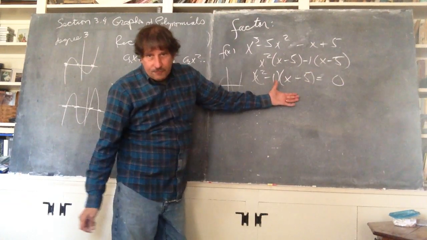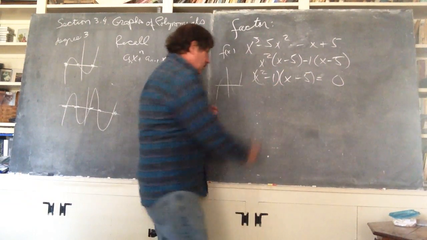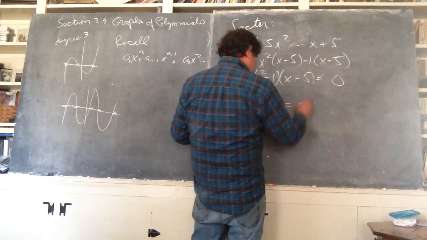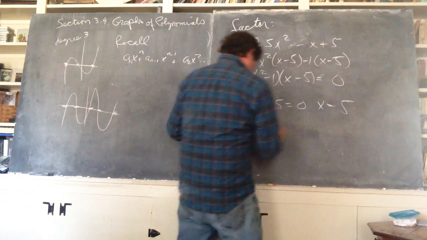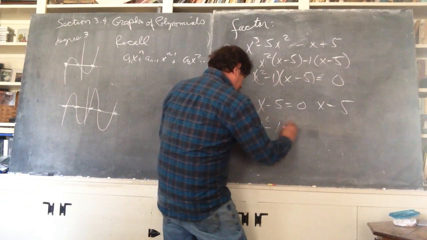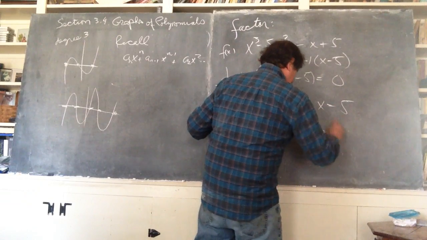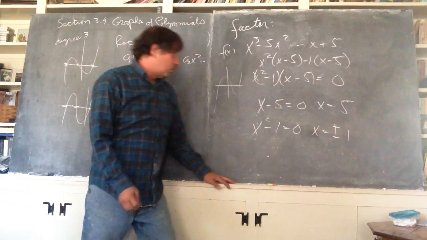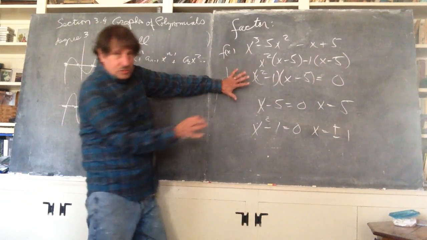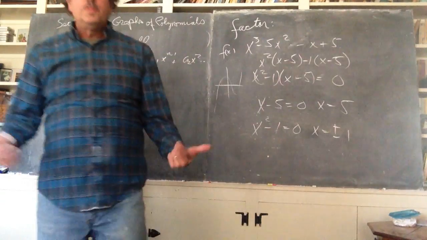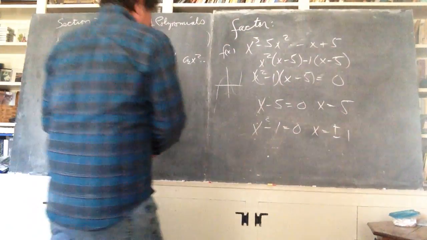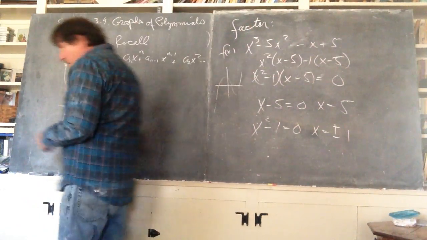If it's in factored form, we let x minus 5 equal 0, and then we let x squared minus 1 equal 0, so x is plus and minus 1. So those are the 3 zeros for that one, if it's in factored form.